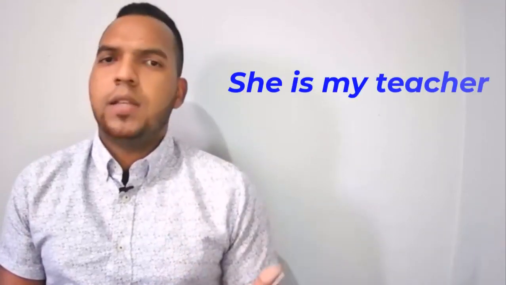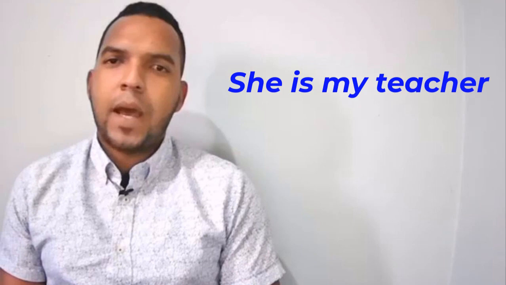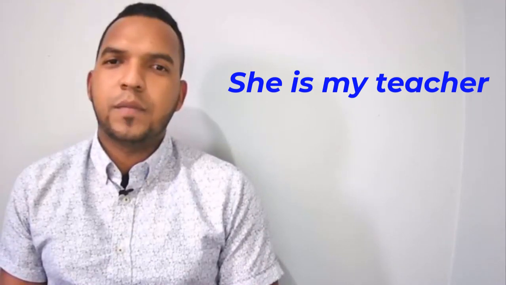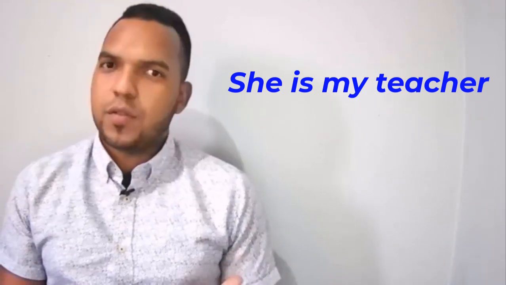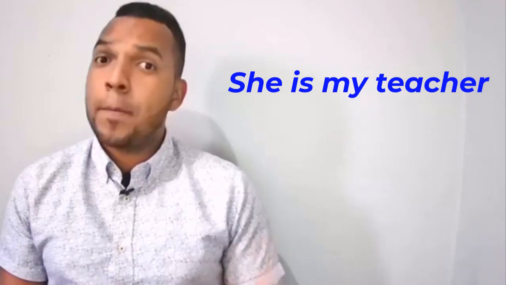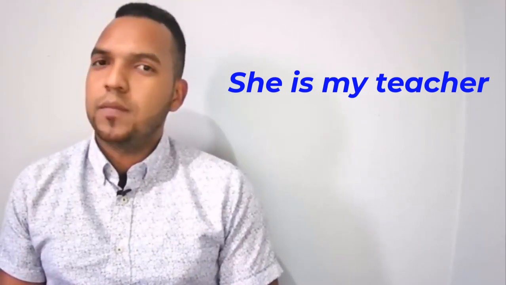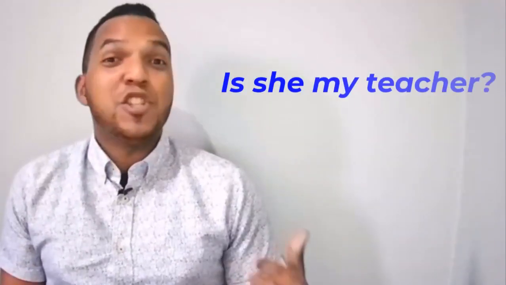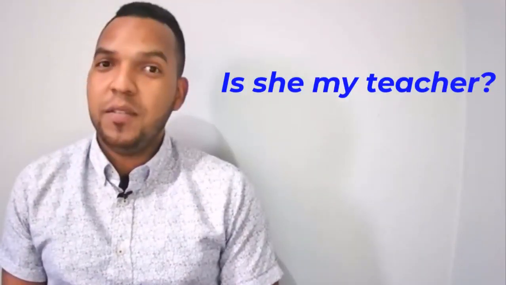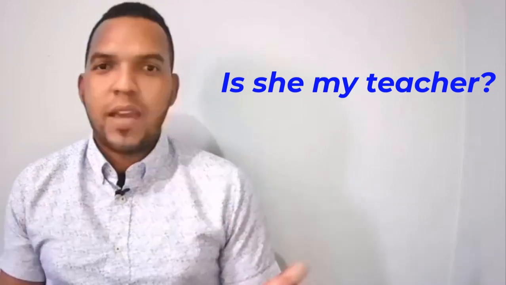Otro ejemplo para que podamos practicarlo. She is my teacher. Bien, eso es una oración. She is my teacher. Ahora, ¿cómo haremos la pregunta? Exactly. Is she my teacher? ¿Ves? Así de simple.